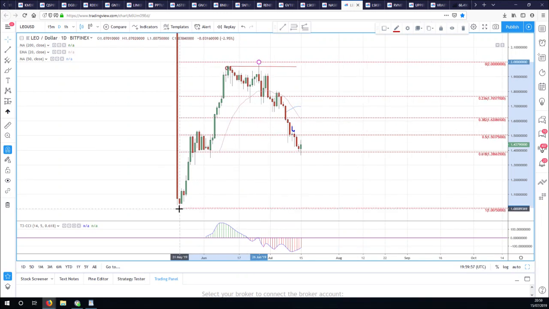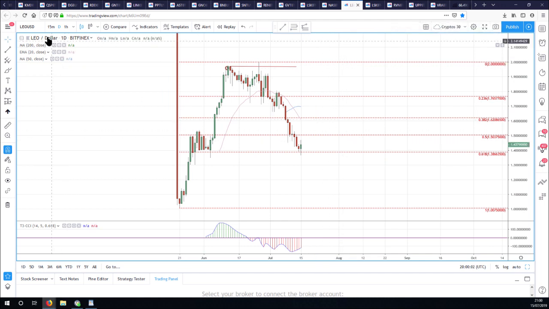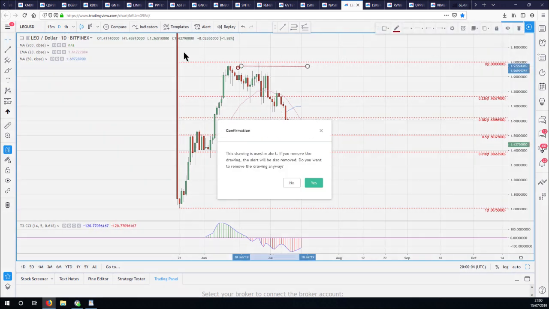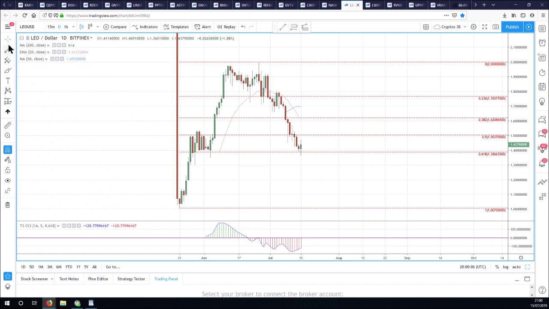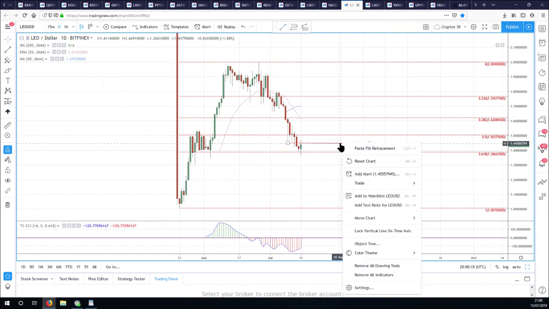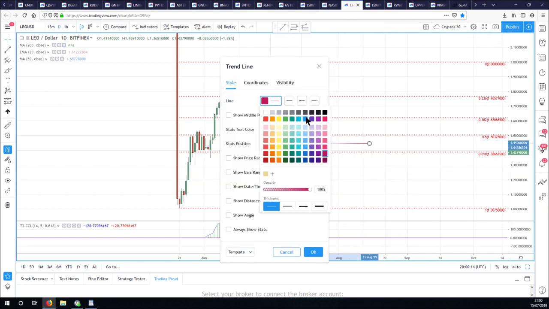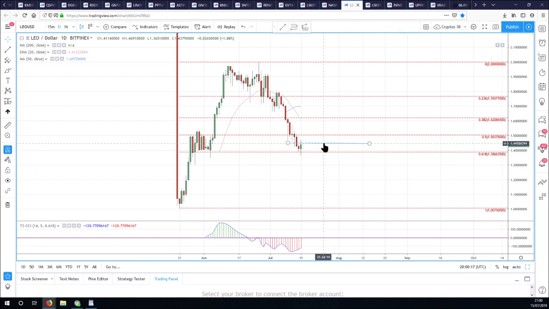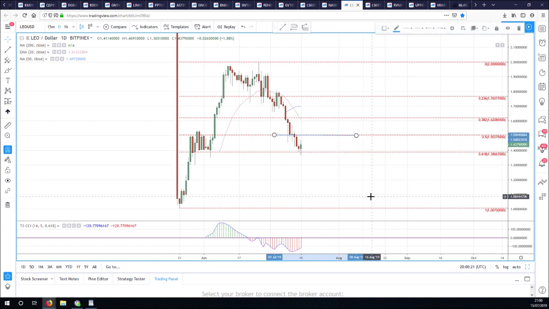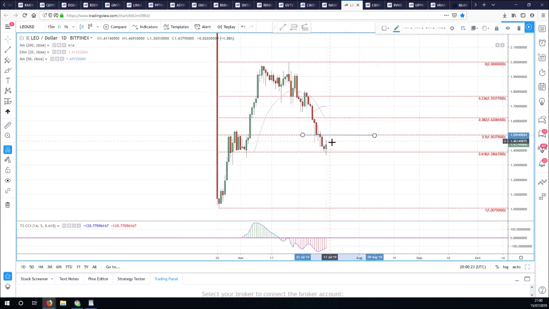And because of the way the fib rules go, if we're bouncing from that 61.8, say the 50% is our pivot level or our confirmation. Let's make it a different color. Okay, here. So 1.5037 Leo US dollar.